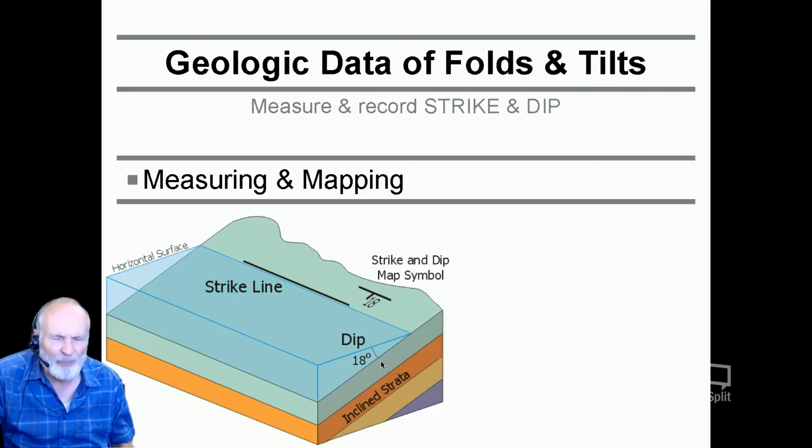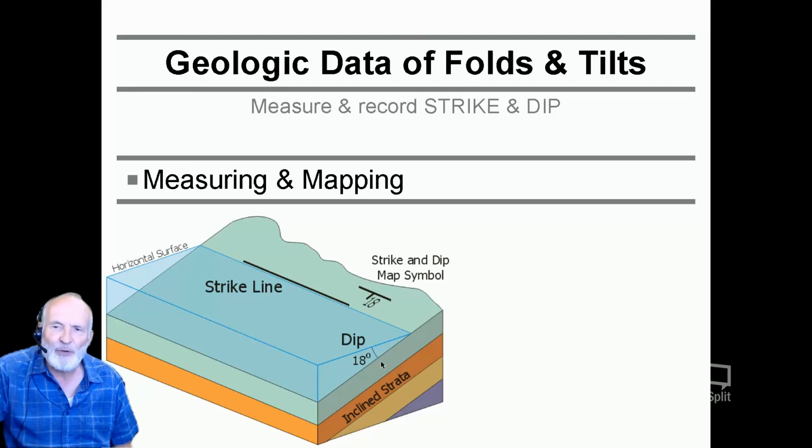Now, maps are a flat piece of paper, and you cannot see rock tilt on the map. I mean, sometimes you can imagine it, but if you have a strike and dip symbol on the map, you know what the strike line is and in what direction and by how much it is dipping. So here's a map strike and dip symbol.